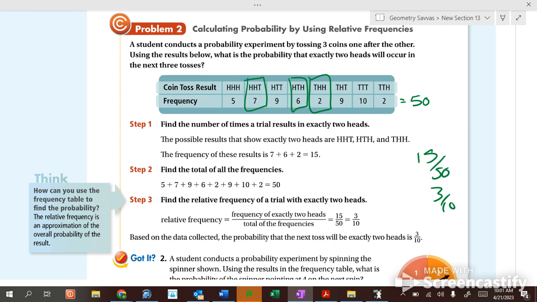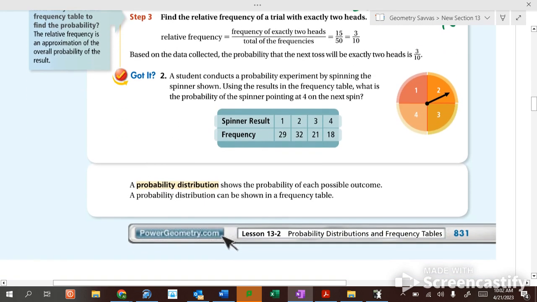Exactly 1 head. So you got a 9 here, a 9 here, and a 2 here, which is 20 out of 50, or a 2 out of 5 chance of getting 1 head. Okay. All right.